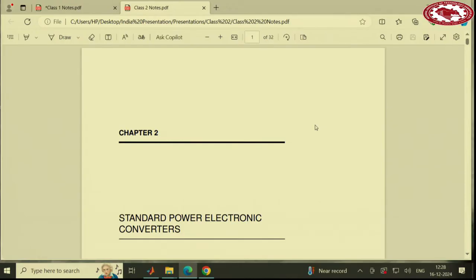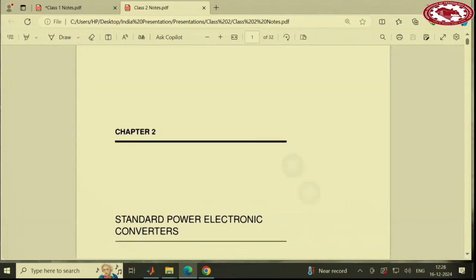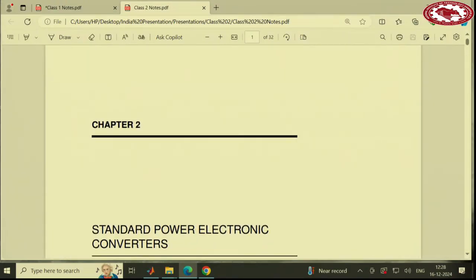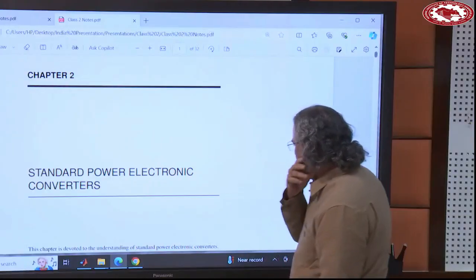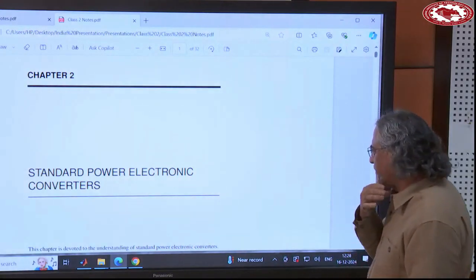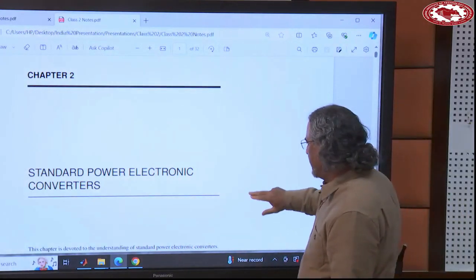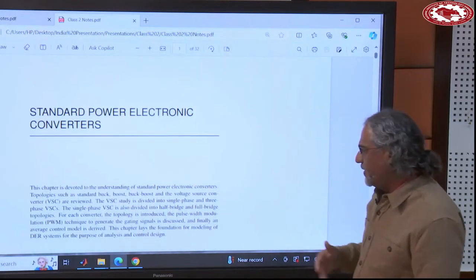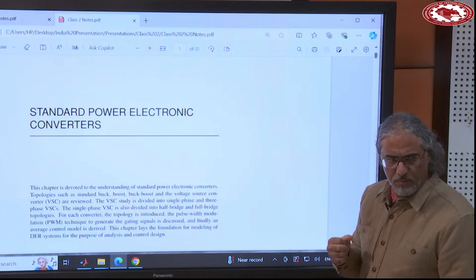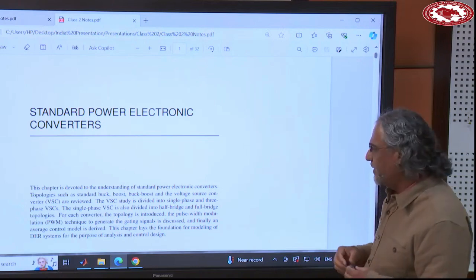Okay. So this chapter is about converters, going into details of, I think, 4 or 5 different converters and trying to understand how they work and analyze them and model them, so to speak, mathematically.